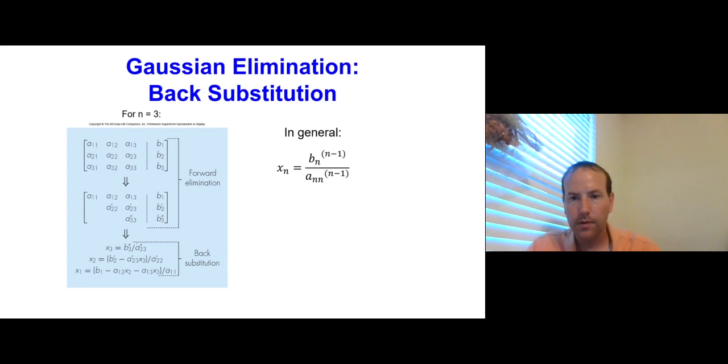So in general, the general equation for this is that the last value of the variable is given by this equation right here. Remember that this is just an annotation for a round number.